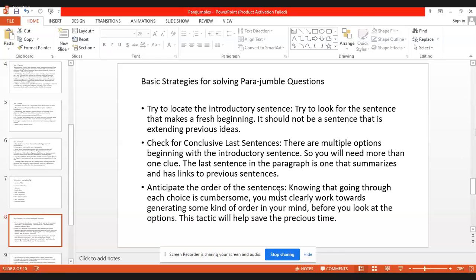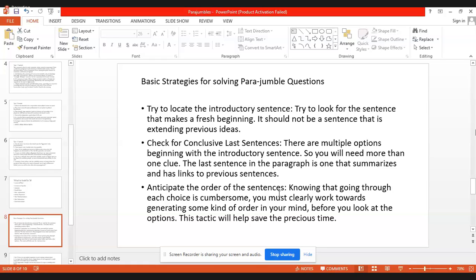One is A, B, C, D, one is B, D, C, A, E, and one is E, B, D, C, A, something like that. Now, students, when you read the answer options, you realize that only A, E, or D can be the opening sentence, because sentence B and sentence C are not given in the answer options as the opening sentence. So don't be bothered about that. Only check for A, D, or E.